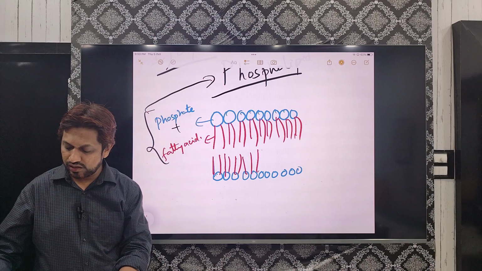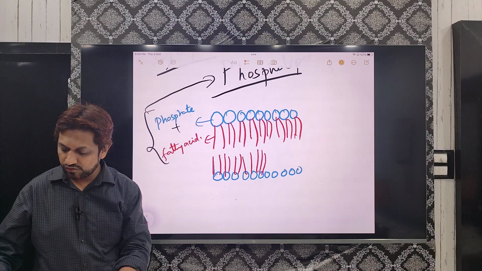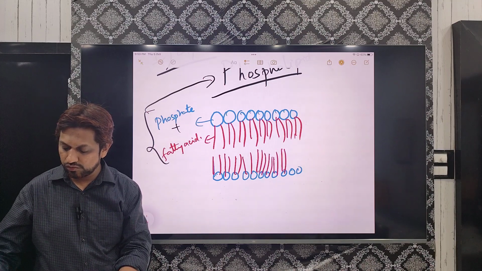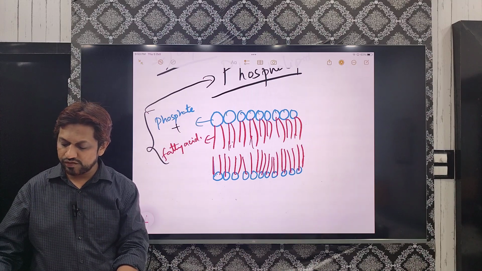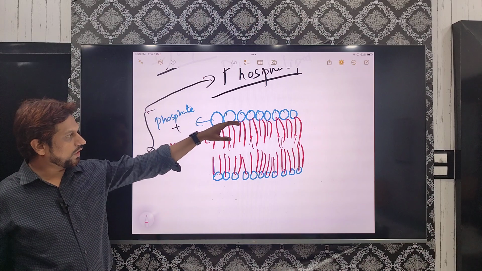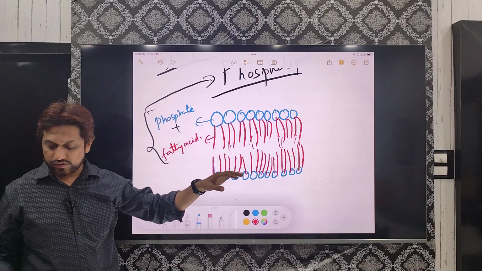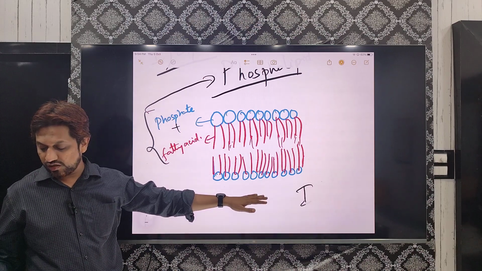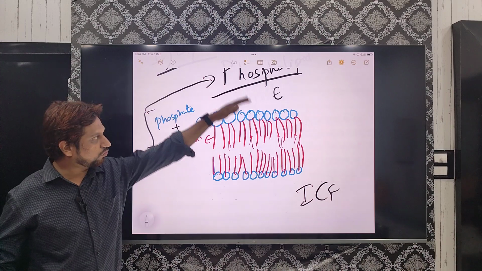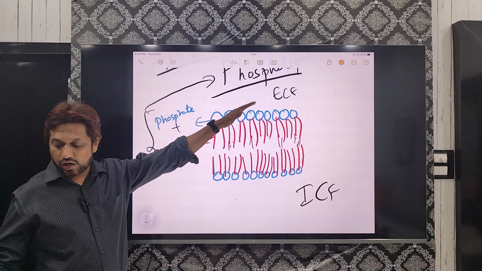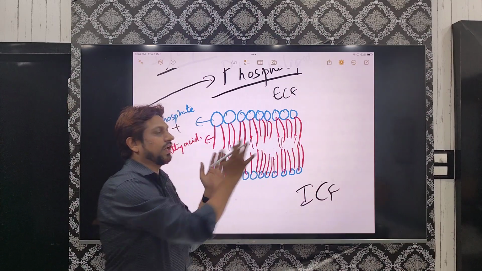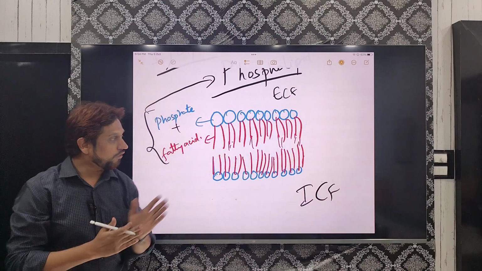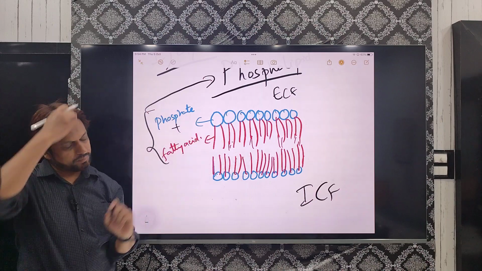So this is one layer and this is the other layer, and this is the inner portion of the cell, that is the intracellular fluid or cytoplasm, and outside this there will be extracellular fluid. This is a continuous lipid bilayer, made up of one phospholipid layer and another phospholipid layer.